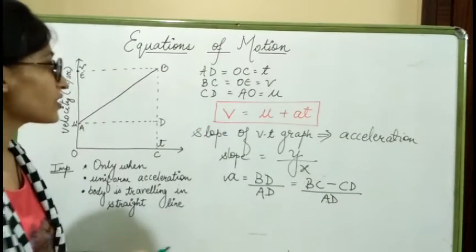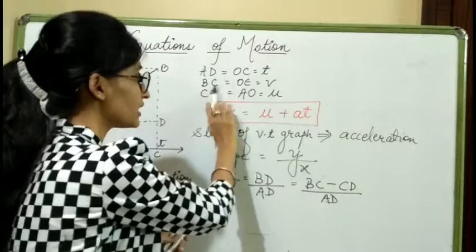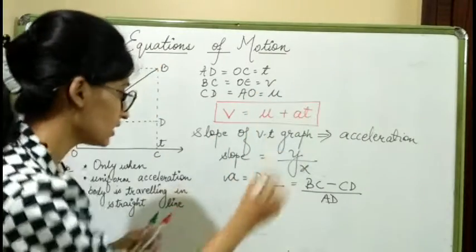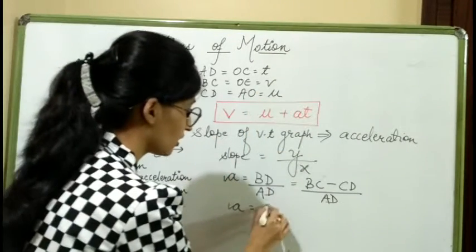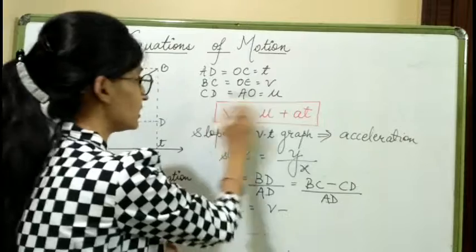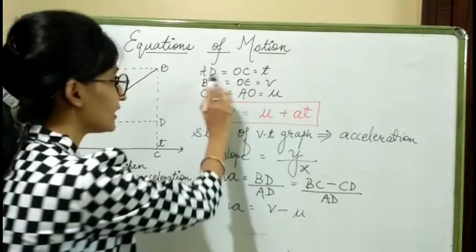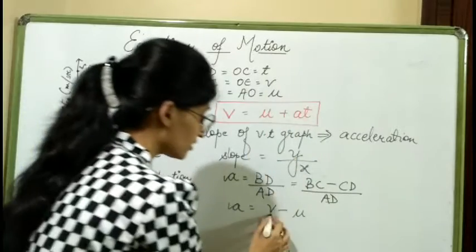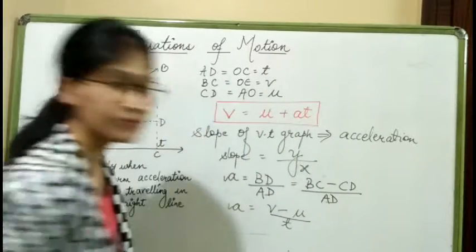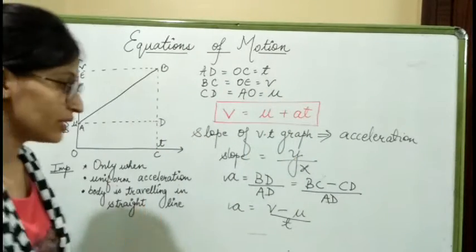Fine. Next is BC. In the place of BC, I can write V. For CD, I am going to write U, and for AD, we are going to write T. Now cross multiply.